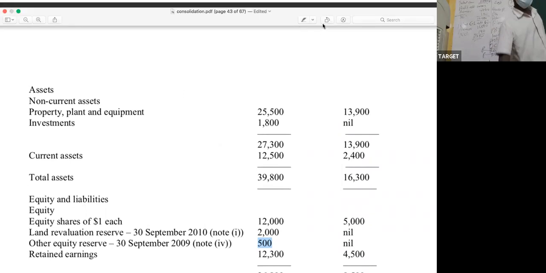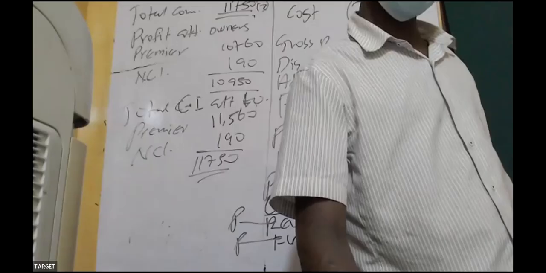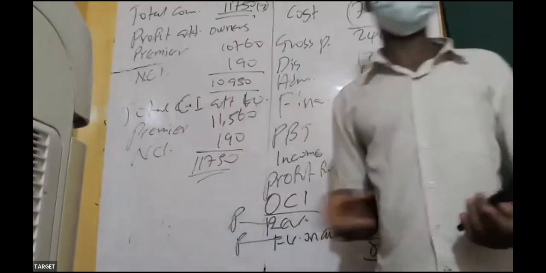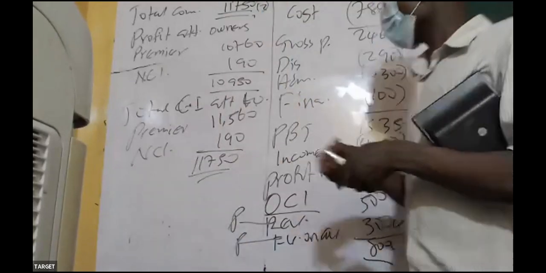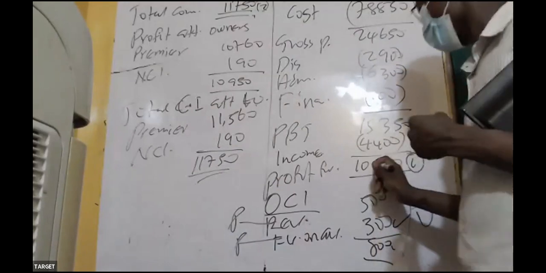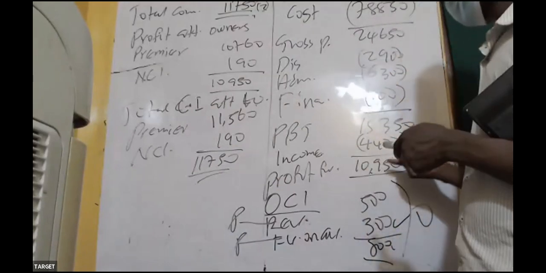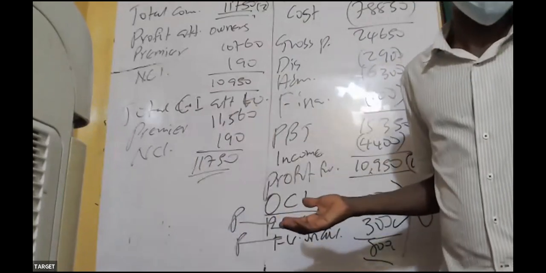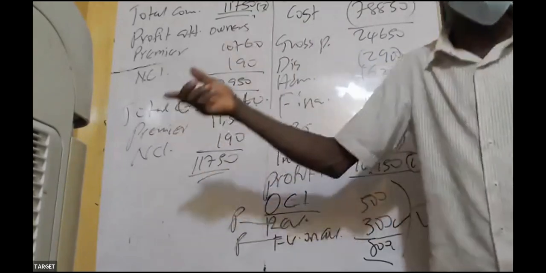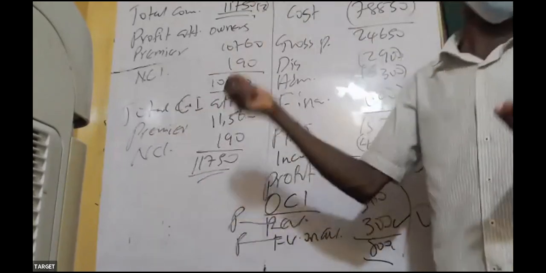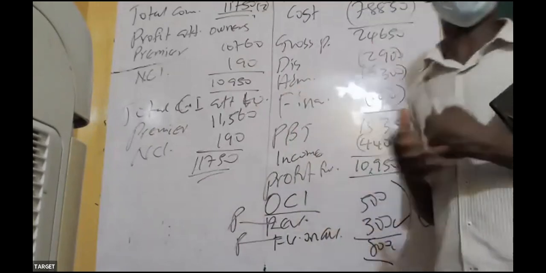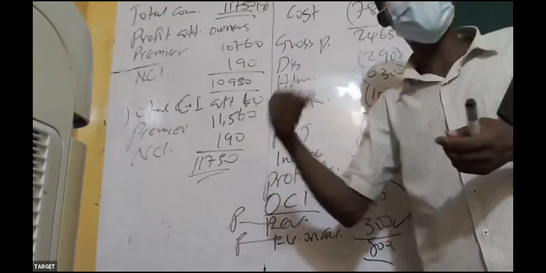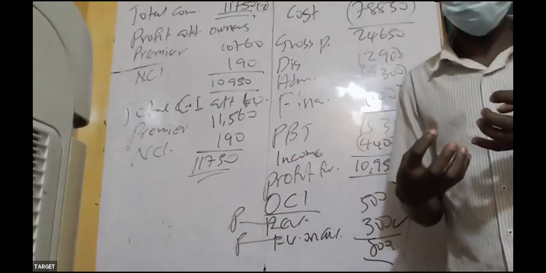If there's a mistake in your P&L, it will be translated to the balance sheet. So even though we have the profit for the year correctly calculated here, we will never say that we're going to use this one to compute the retained earnings. As usual, change in equity, then we use the profit for the year to compute the retained earnings closing balance, right? But here, don't do that. If there's a mistake, it will follow you. So that is why we have to compute the book retained earnings again.